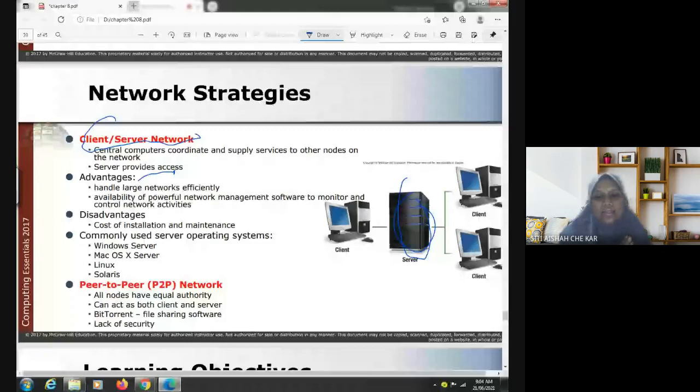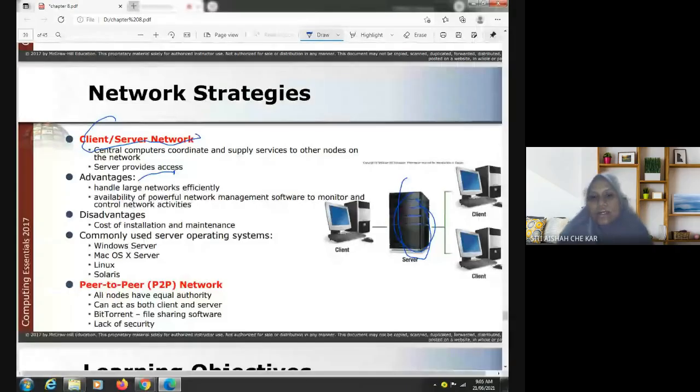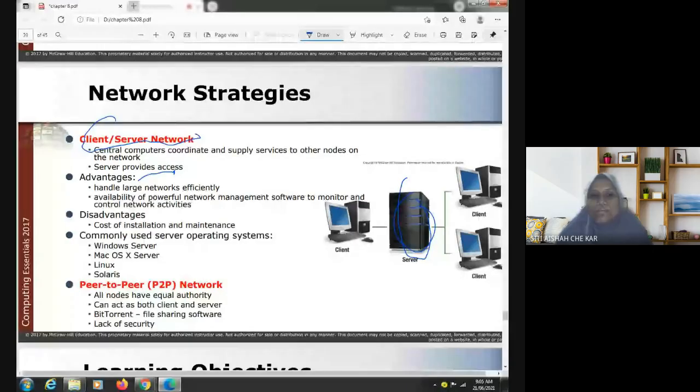So we need certain management or a device that can control all the computer clients. So that is why the client server network is still used by most organizations.